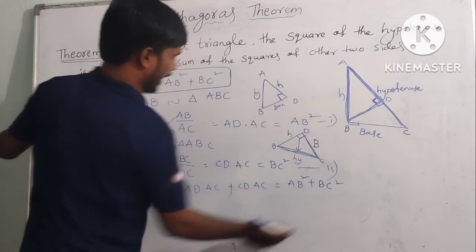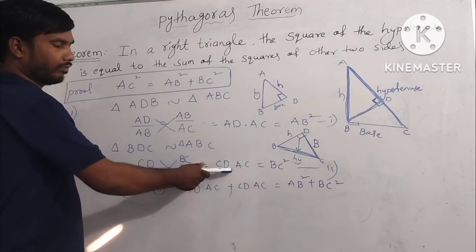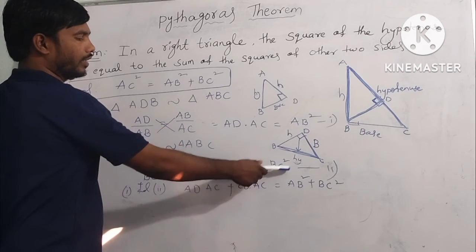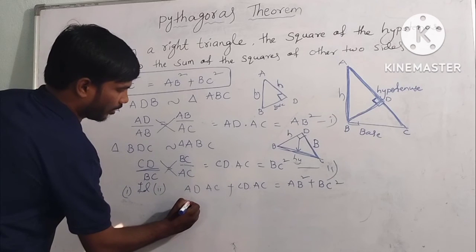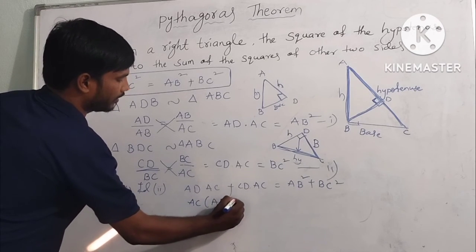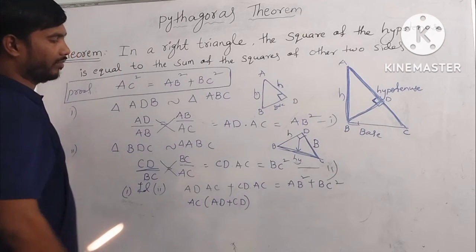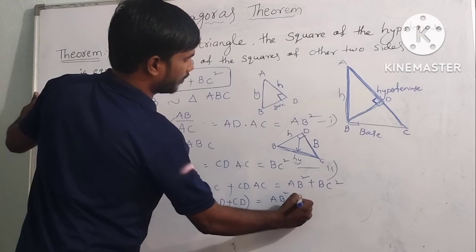I am adding the left hand sides of 1 and 2, and the right hand sides of 1 and 2. What is common in both? AC is common. Taking AC common, we get AC into AD plus CD equals AB square plus BC square.